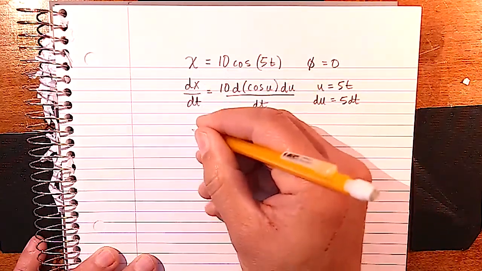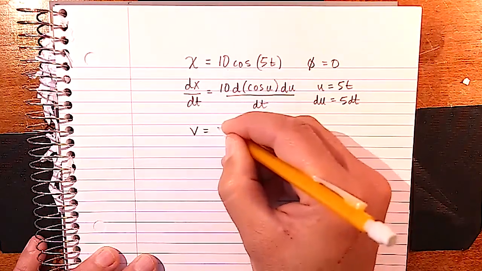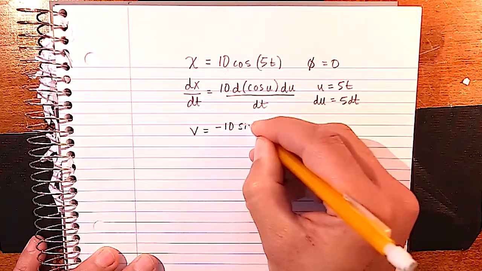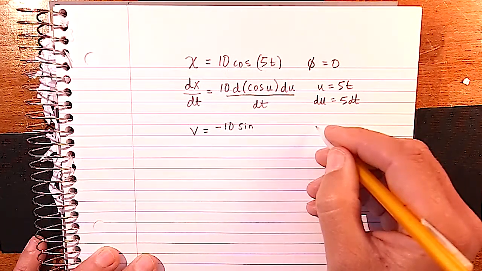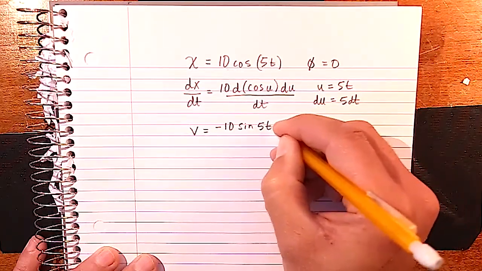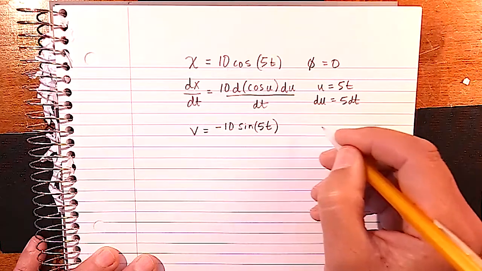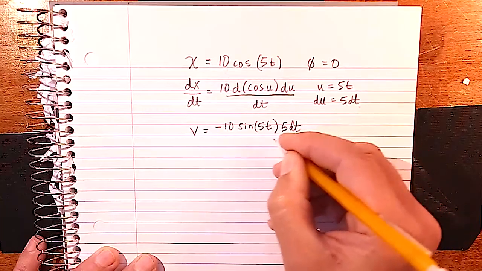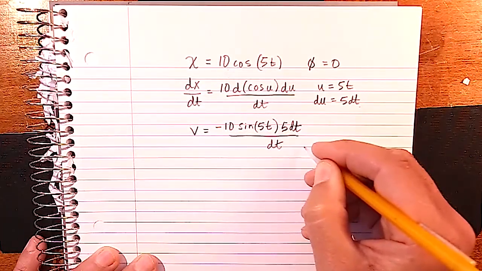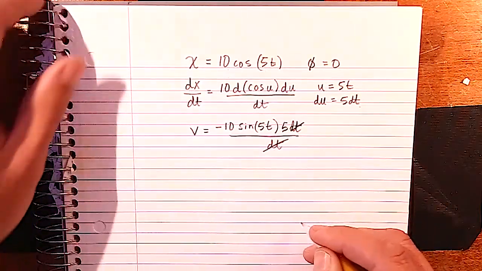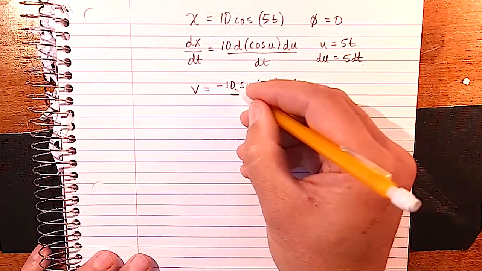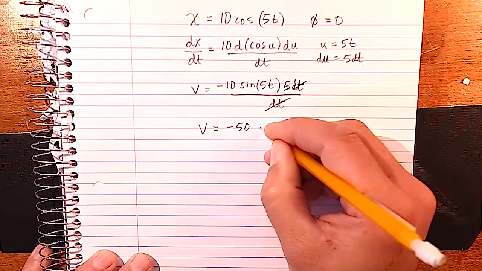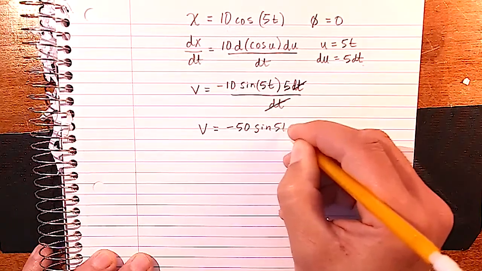So dx dt is our velocity, that's v. I'm going to bring that minus sign out front. That's going to be minus 10, and then that's going to be sine of u. Well, what's u? U is 5t. And we have to multiply that by du. Well, what's du? That's going to be 5 dt. And that's all over dt. So we can cross out the dt's, and our 5 can come out front. So our velocity formula is equal to minus 50 sine 5t.